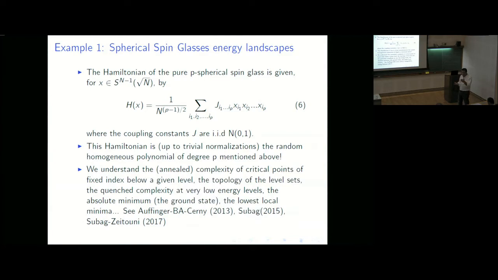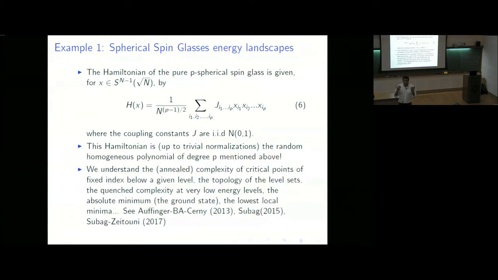You can understand the number of local minima, the number of saddle points, the number of critical points of index n over 3, if you want. And you can understand the topology of the level sets. The quenched complexities are now understood at very low levels. So this comes back to the question by Mark: the annealed complexity that I give you, the first moment, can be entirely understood.